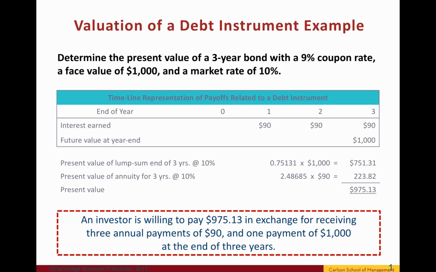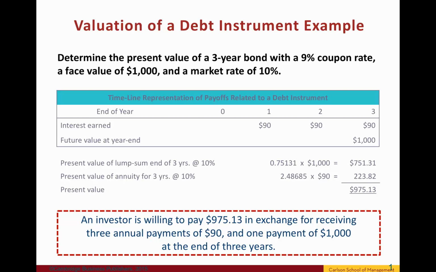So here the coupon rate is less than the market rate, so that would mean that we're looking at a discount bond. So we would expect the investor to pay less upfront for this bond because they're going to pay less than $1,000 because they're going to receive $1,000 in the future. So here the investor would earn $90 on interest, so 9% coupon rate for the next 3 years on that 3-year bond.